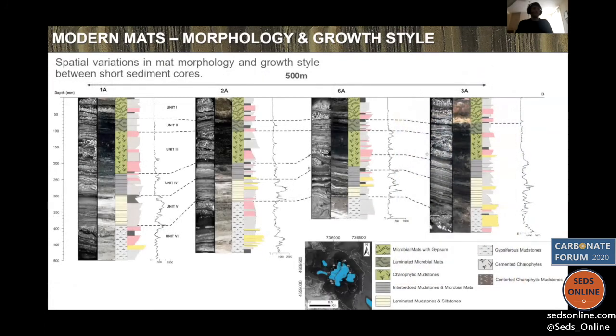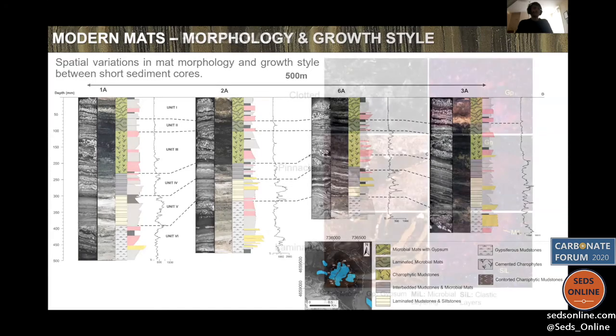And we've been doing this across the entire lake. This is a very basic cross-section showing some short sediment cores we retrieved from the lake. These have been scanned and photographed, and we're looking at the different morphologies of mats at different depths in the lake, comparing those and seeing what controls are acting upon them.